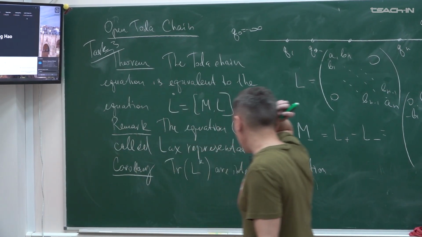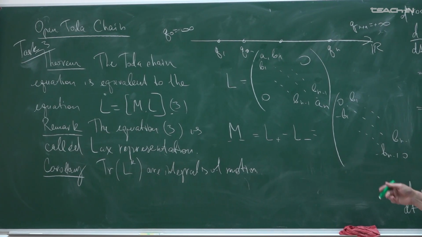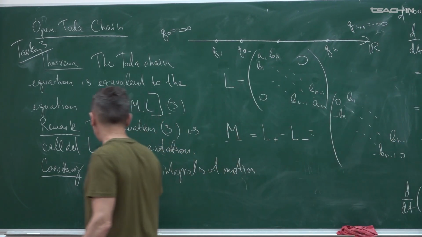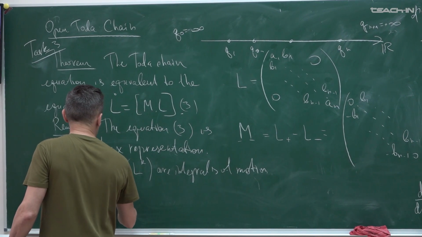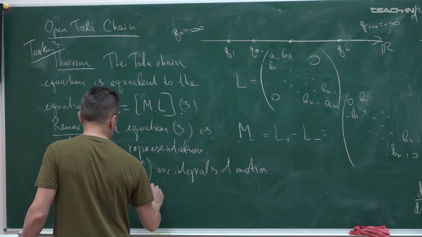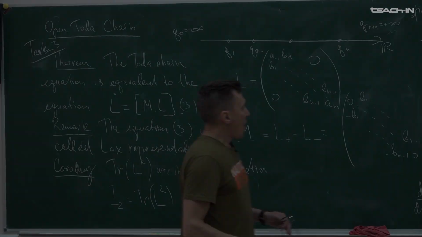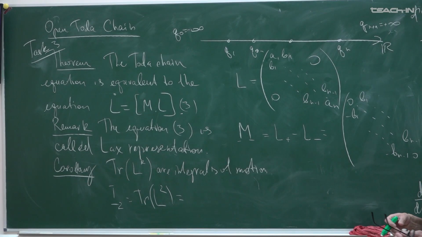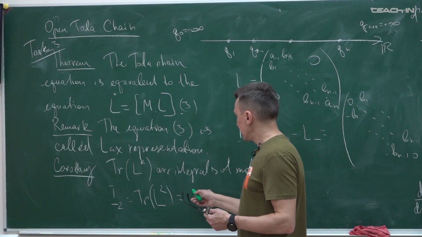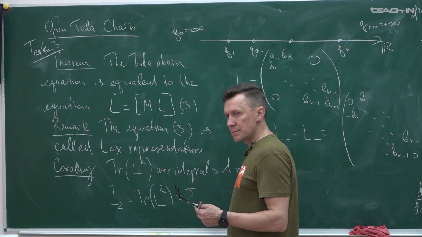Before you find the solution of the home tasks, please calculate E2, which is the trace of L squared. So on the diagonal, it's A1 squared.